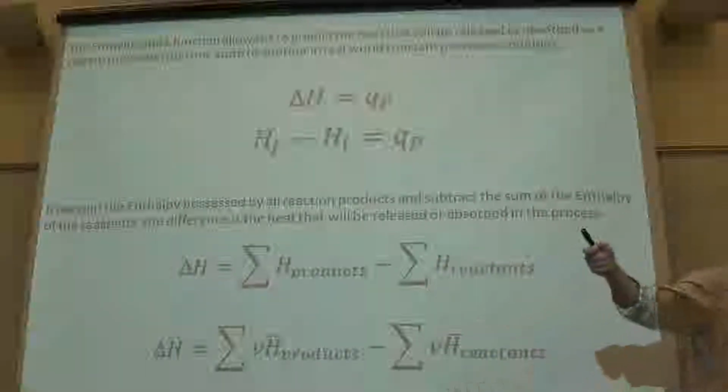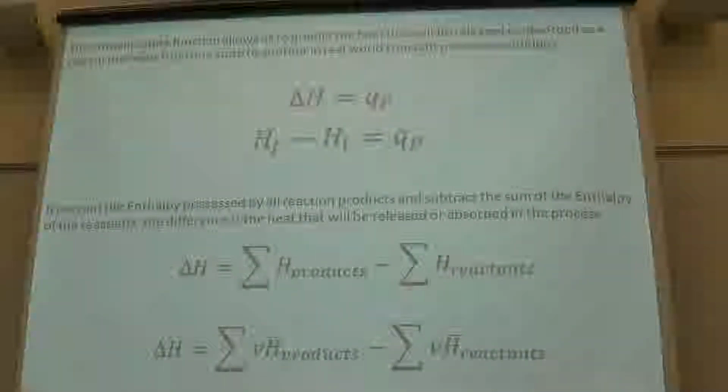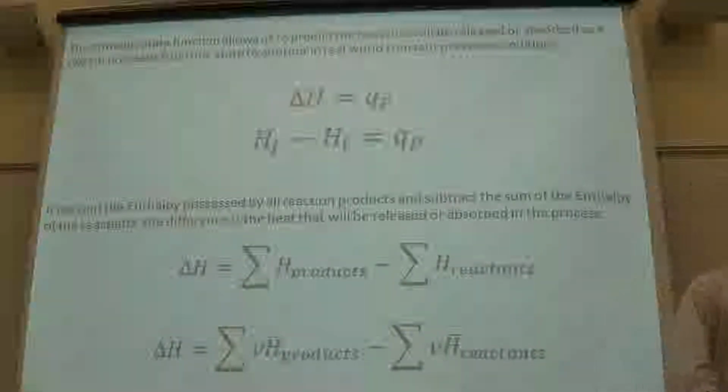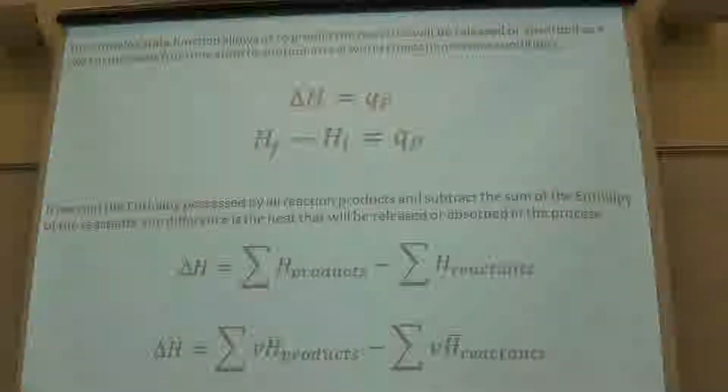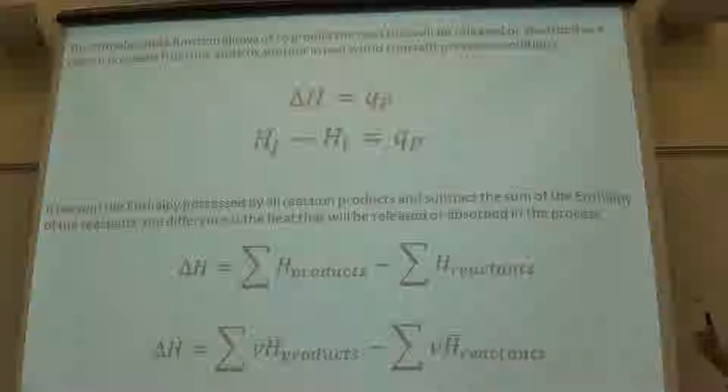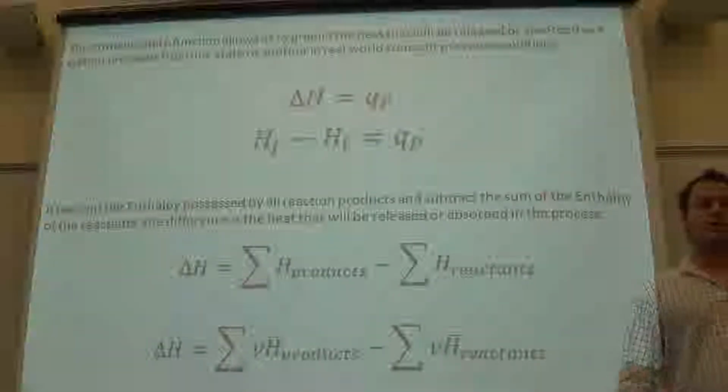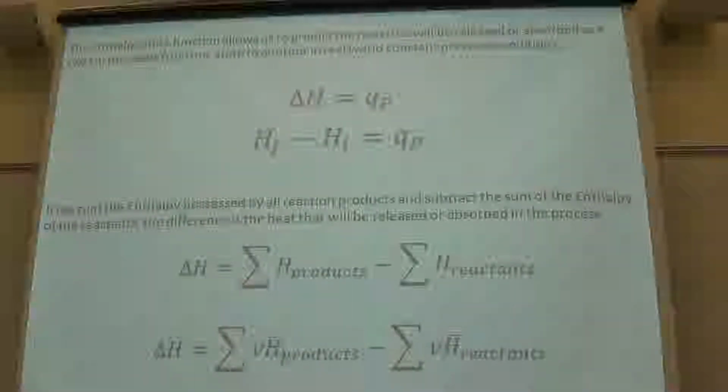On Tuesday we discussed this concept of enthalpy as a state function, and we said that the cool thing about enthalpy as a state function is that we could look at changes in that state function, and the changes would be equal or equivalent to the amount of heat that was released in a constant pressure process, right?